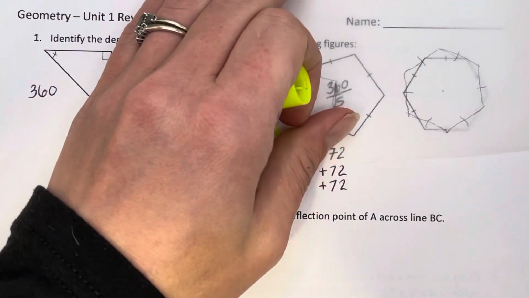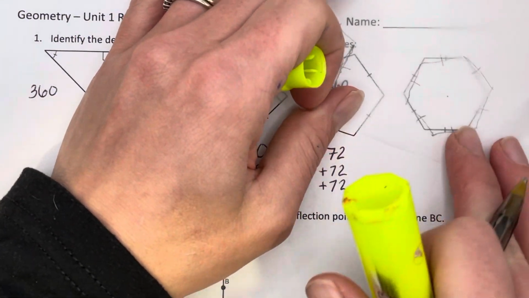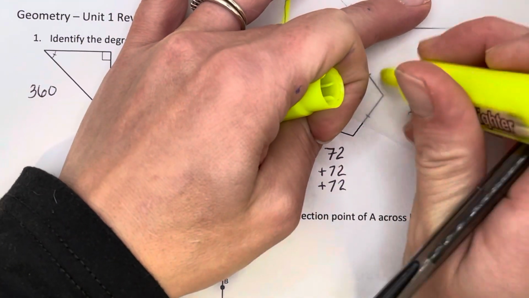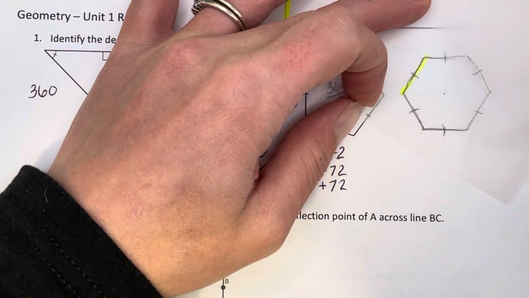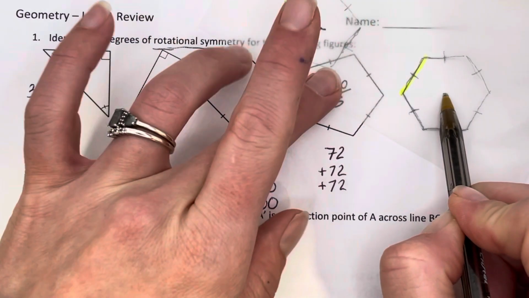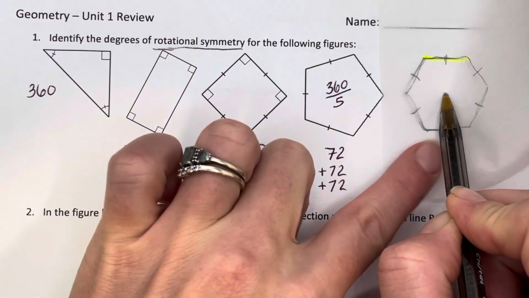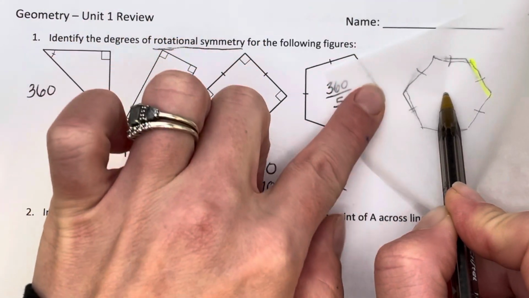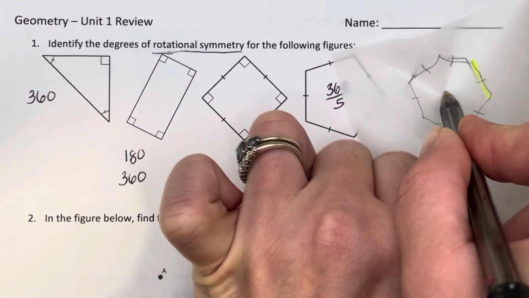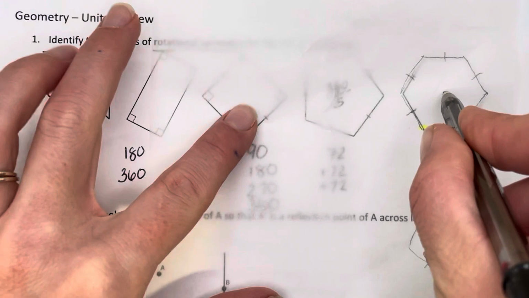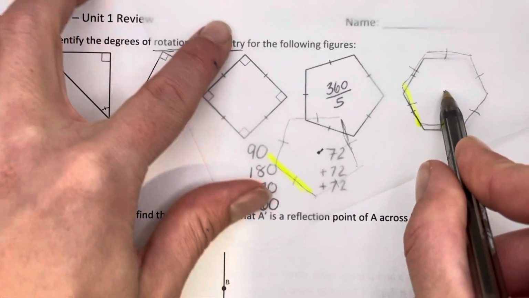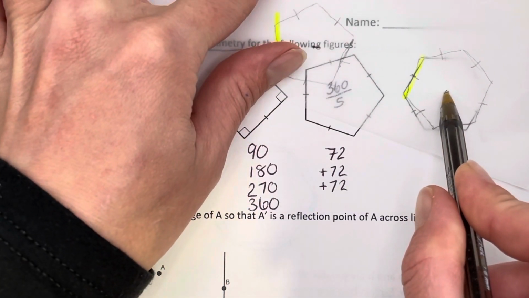And finally, we have the hexagon at the end here. So I just need to get my paper lined up. I'll take a look at this one. That'll be the side that I rotate here. So we can rotate this one once, twice, 3 times. Sorry, my paper is a little stuck on the edge of my table here. 4 times, 5 times, and 6 times.